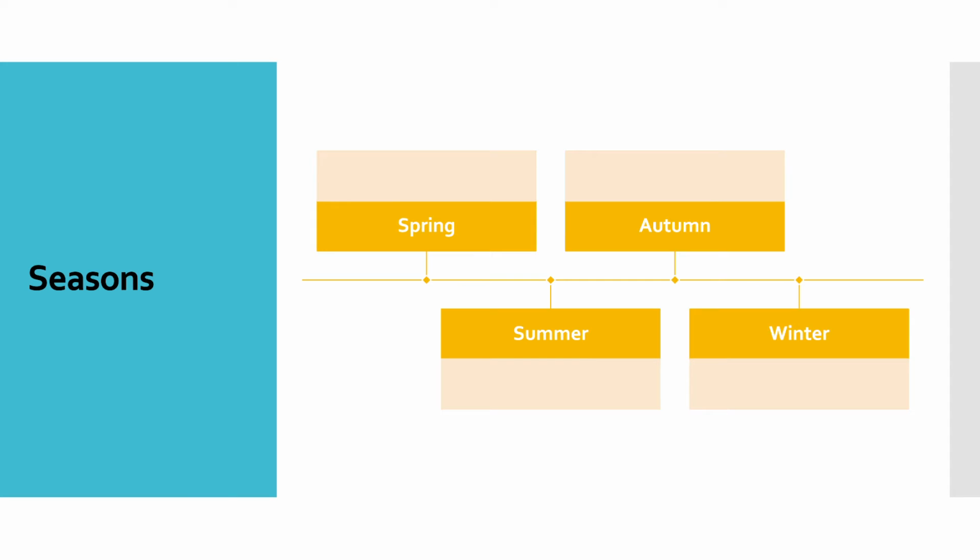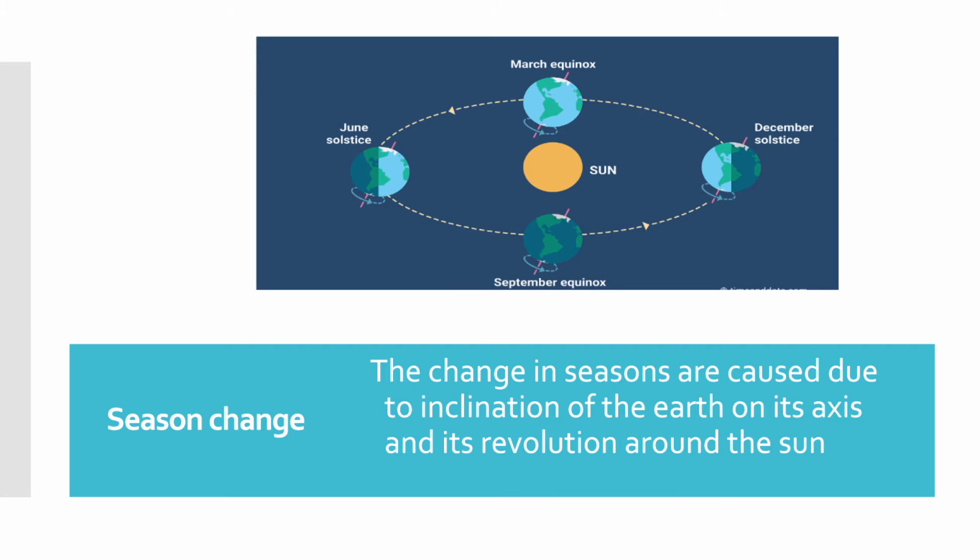The change of the seasons is caused due to inclination of the earth on its axis and its revolution around the sun. So because earth is inclined towards the axis and because of the revolution of the earth around the sun, season change occurs.